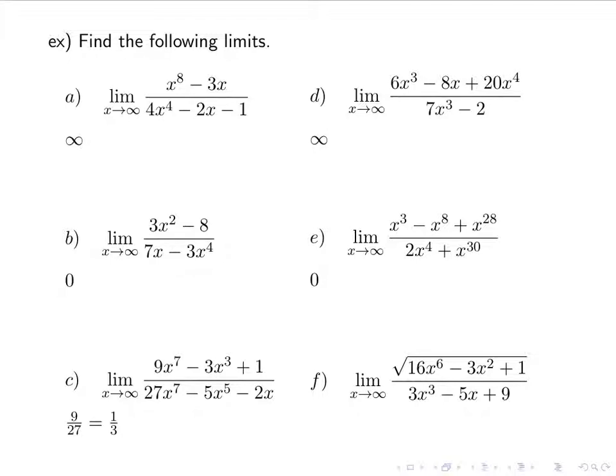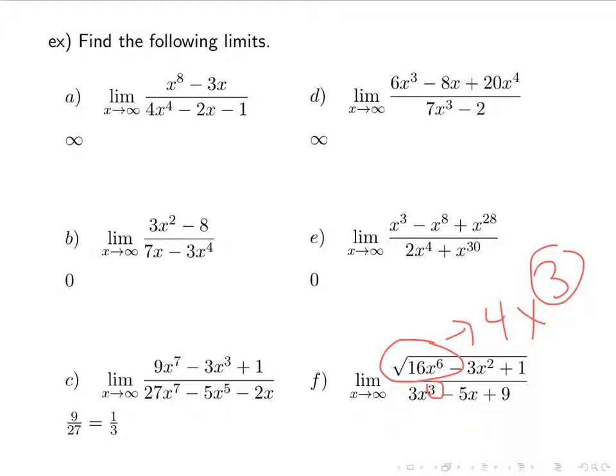F is a little bit trickier. We've got the degree of the bottom is 3. The degree of the top is also 3. We have the square root of 16x to the 6th. Remember, the square root of x to a power, we need to divide that power in 2. So this will be 4x cubed. Square root of 16 is 4. Square root of x to the 6th is x cubed.